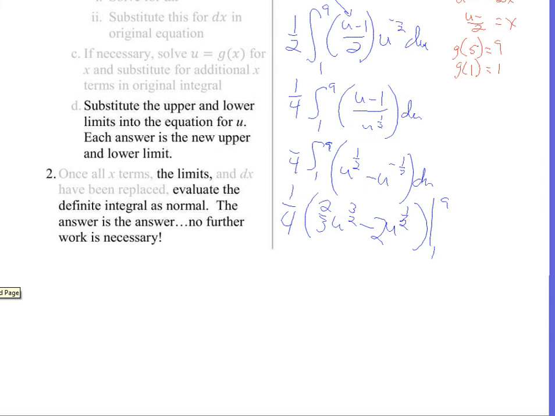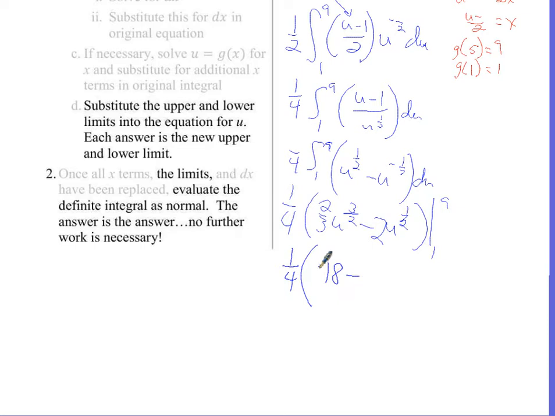Okay, we have the 1/4 out front times u to the 3/2, so that is 9 to the 3/2. You can cube first and square root second, or square root first and cube second. Square root first and cube second, so you get 27. Now you have 2/3 times 27. That cancels down to 9. It's 18.